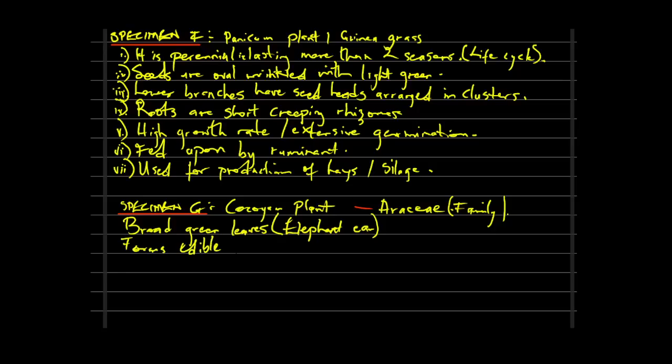It forms edible roots as corms, in the case of its own type of root, which is the cocoyam tuber, as well as being herbaceous.